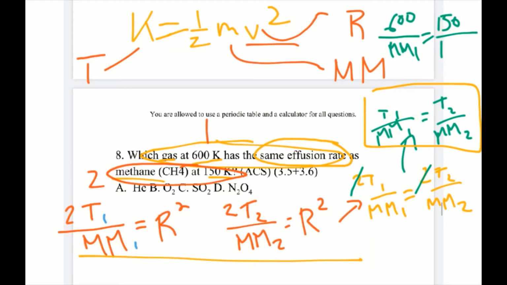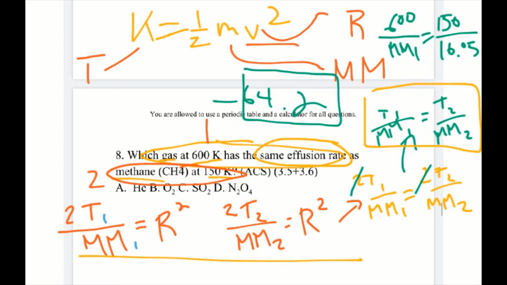It's around 16.05, I'd say. And doing the math, you have to plug this into your calculator and solve for MM1. So let's see what happens if I solve for this. I get a molar mass of 64.2 as the molar mass that we need for the substance.